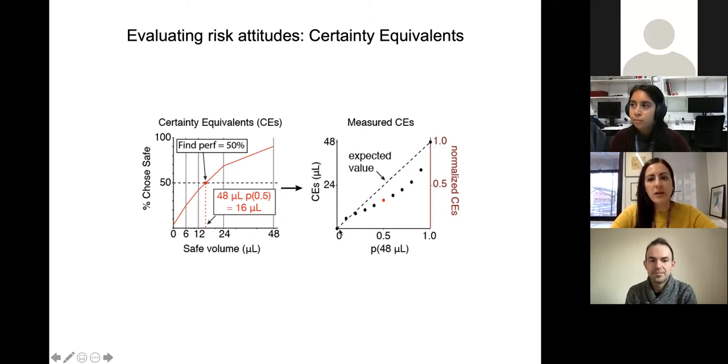We can measure the certainty equivalent for all gambles of 48 microliters, and you get a curve. Then we computed the area under that curve to get a scalar metric of risk attitude. If this is less than 0.5, then I'm systematically underestimating the gambles and I'm risk averse, whereas if it's greater, then I'm risk seeking.